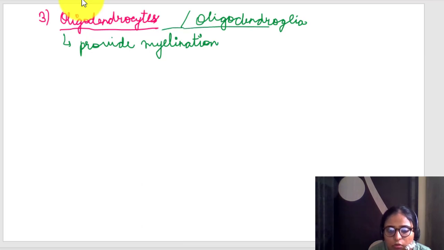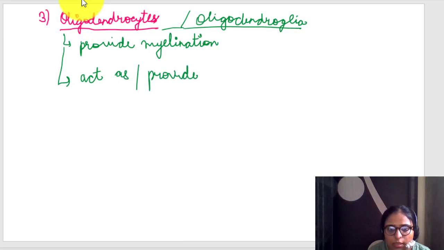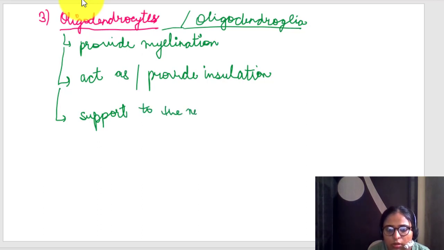Fine. So they provide the myelin sheath, and we have learned that myelination acts as insulation, so they provide insulation. Fine. And third, the same function which every neuroglial cell has, it provides support to the neurons in CNS.